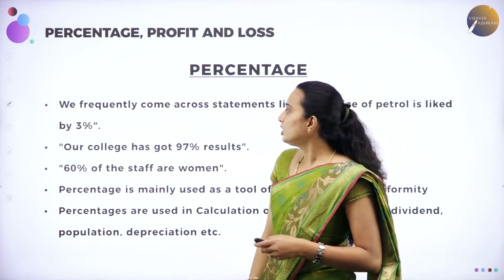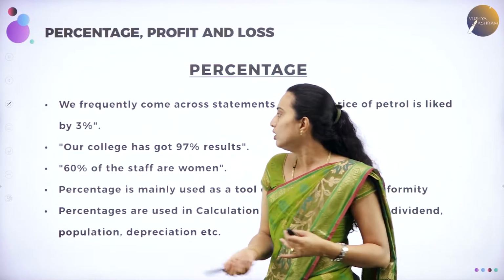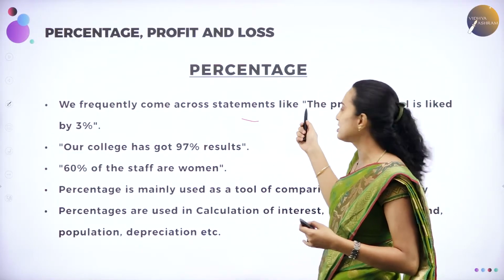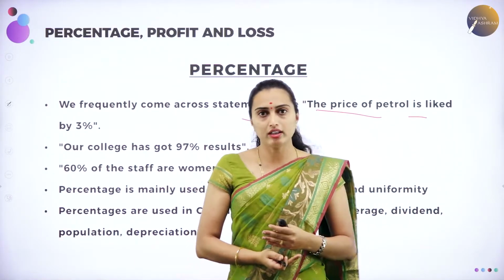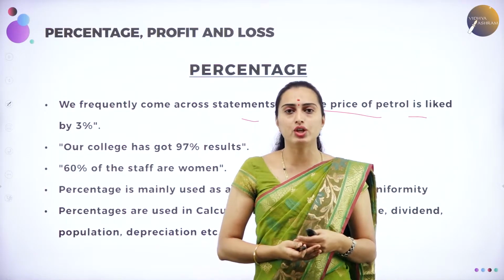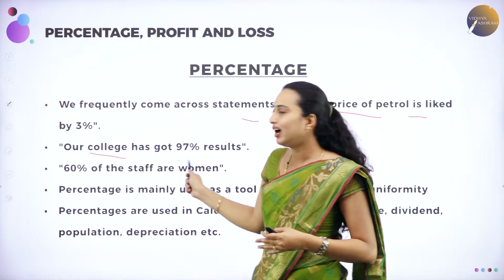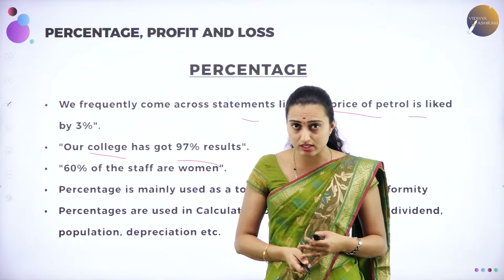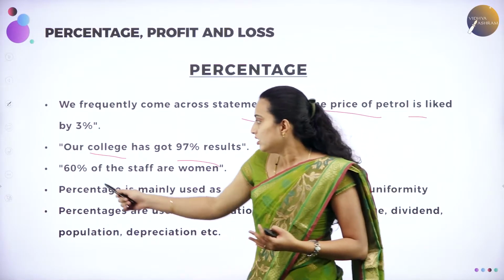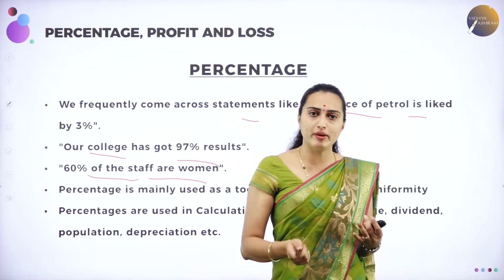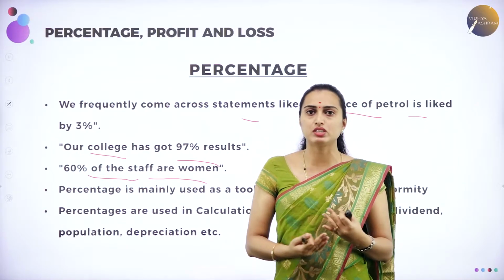We frequently use this kind of percentage in statements we come across, like the price of petrol is increased by 3%, decreased by 5%. Our college has got 97% in the result, or the same, that is 100%. 60% of staff are women, 60% of staff are men, or boys, girls, whatever you can take it as.